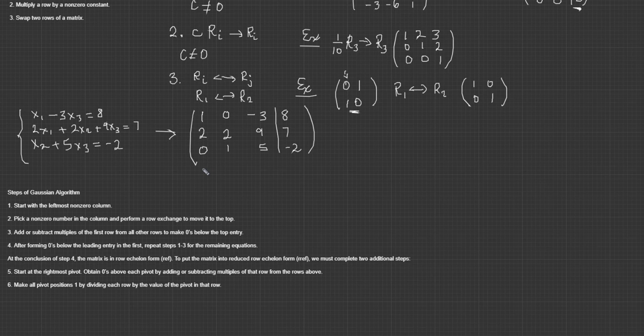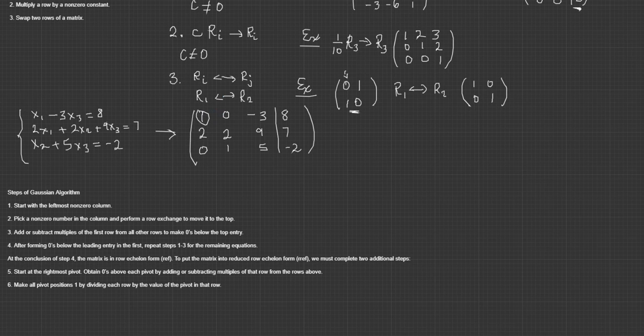So now let's actually apply the Gaussian algorithm to this matrix. Let's look at the steps. First, we're going to start with the leftmost non-zero column. In this example, looking at our columns, we can start with this first column.